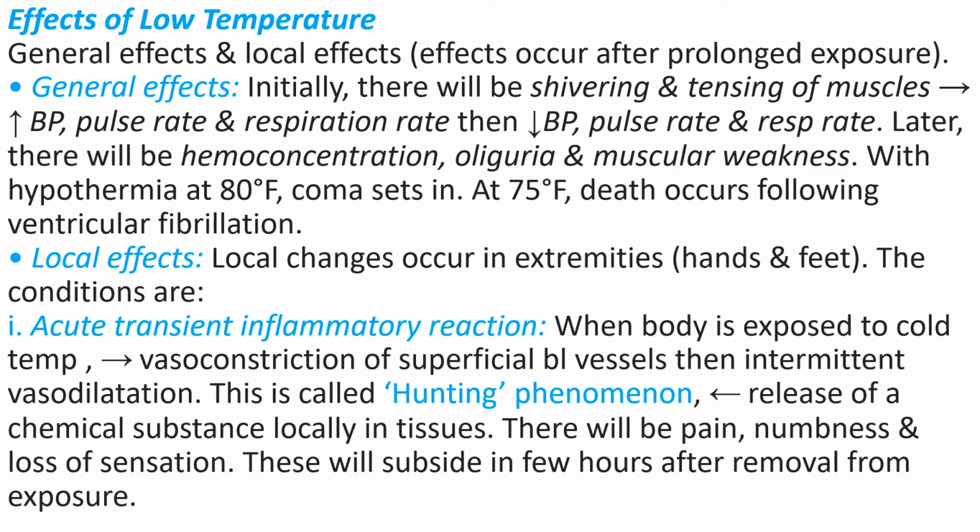Effects of low temperature are either general effects or local effects. General effects: initially there will be shivering and tension of muscles leading to increased blood pressure, pulse rate, and respiration rate, then decreased blood pressure, pulse rate, and respiratory rate.